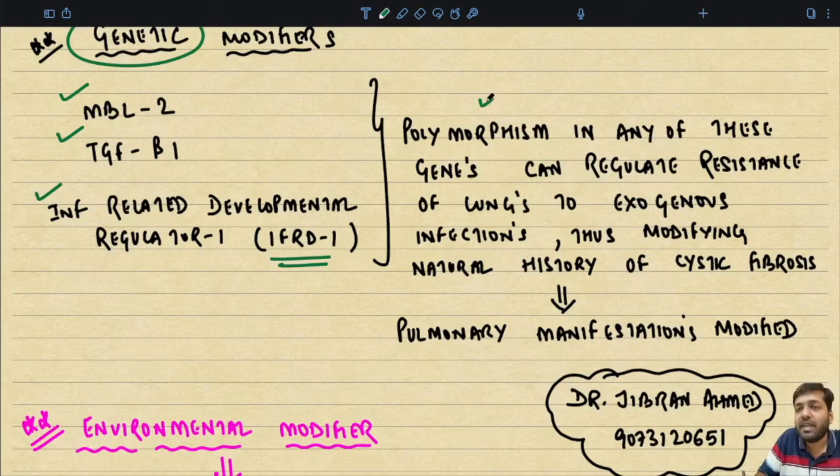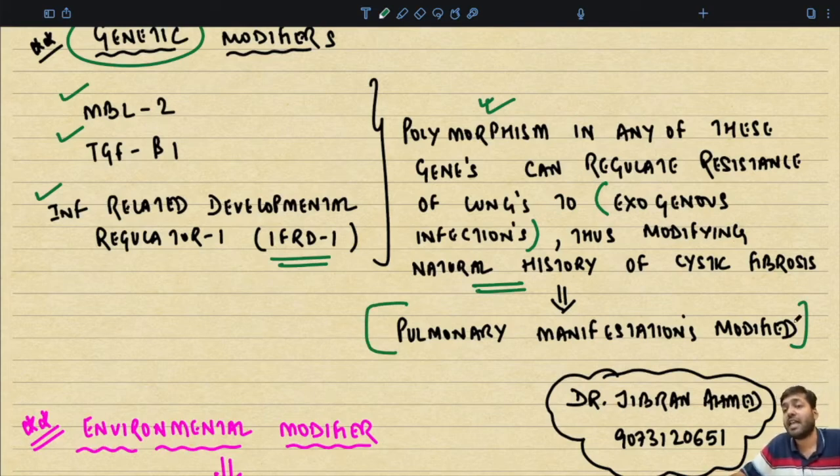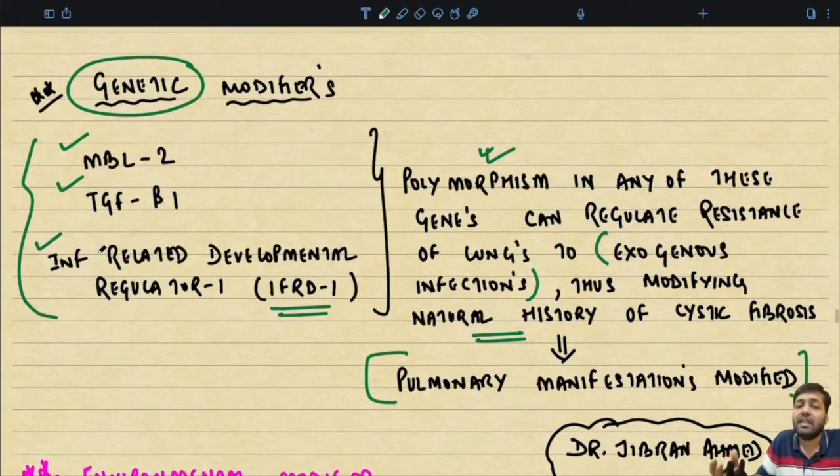Polymorphism in any of these genes can regulate resistance of the lungs to exogenous infections, thus modifying the natural history of cystic fibrosis. Therefore, the pulmonary manifestations of cystic fibrosis can be modified if there are polymorphisms in certain genes. These genes affecting the pulmonary manifestation are called the genetic modifiers.